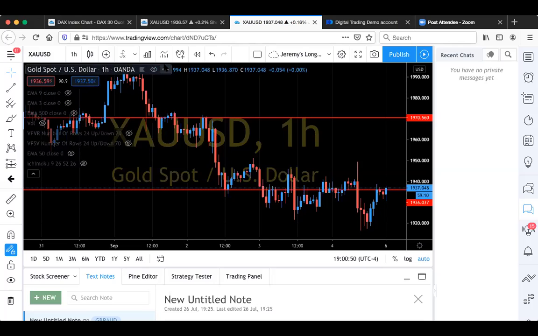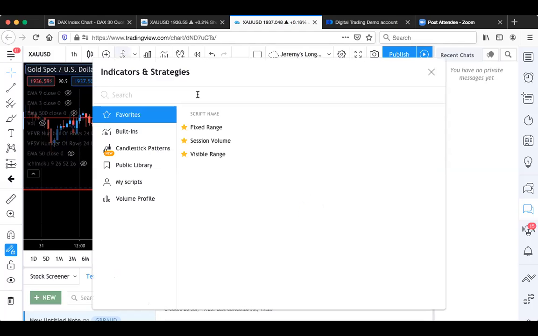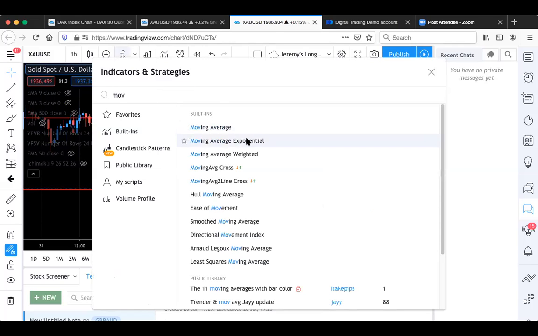You see these little three lines right here. You're gonna click those. When those pop up, you're gonna say add indicator right here. Then you type in moving average. You want to choose exponential moving average. Once you click that, that's going to pop up on your screen over here.